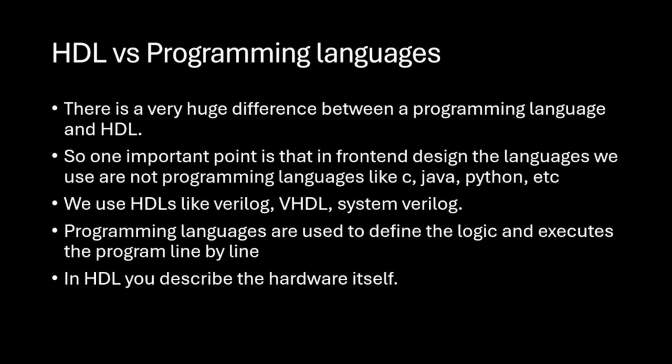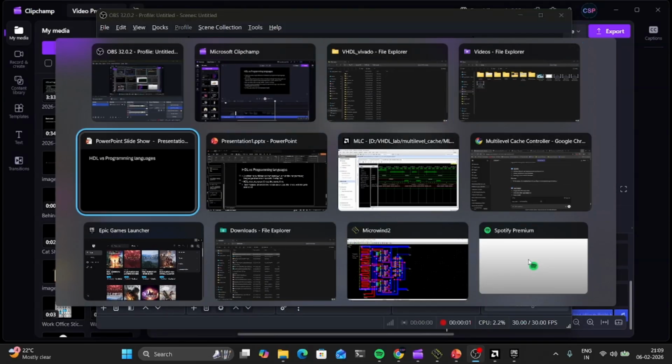And you also tell how things should behave on the positive edge or negative edge of the clock, rising or falling, and so many things. In a programming language, you cannot do this. You can only write the logic, execute it, and get the solution at the output. But in HDLs, you describe the entire hardware and you also describe the behavior of the hardware.